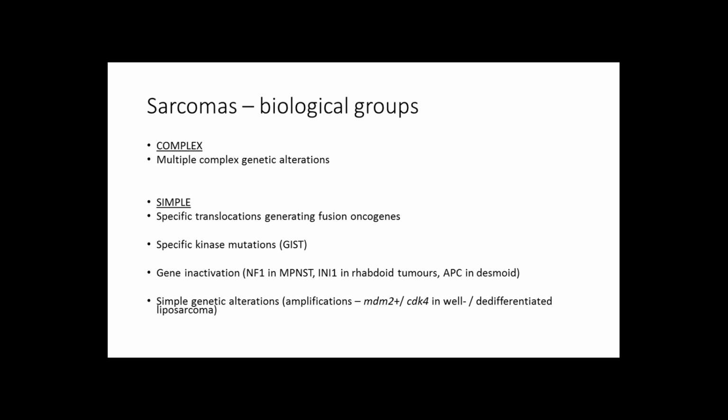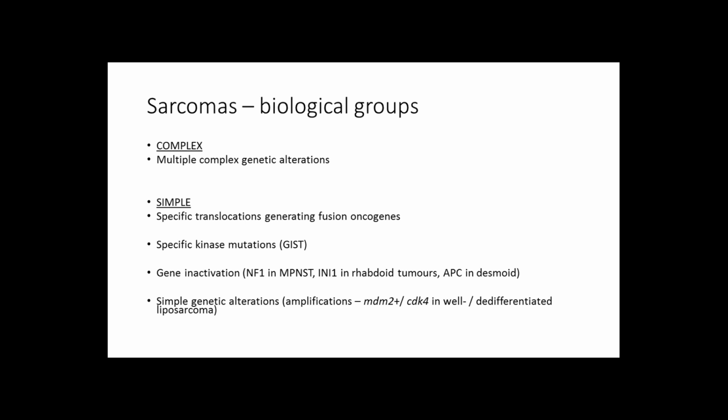and heterogeneity. In terms of drug development, I think it's really useful to think of these tumours in terms of biological groups, the most common being those with lots of genetic alterations, so tumours with a complex genetic makeup. There are other types of sarcomas as well.